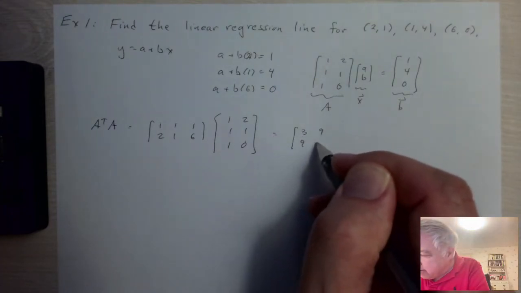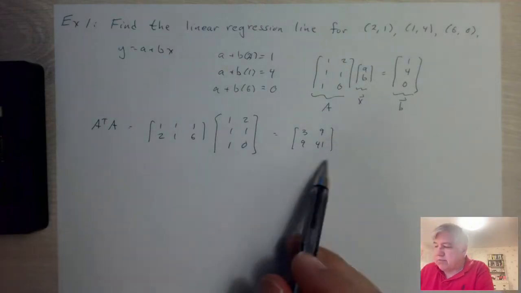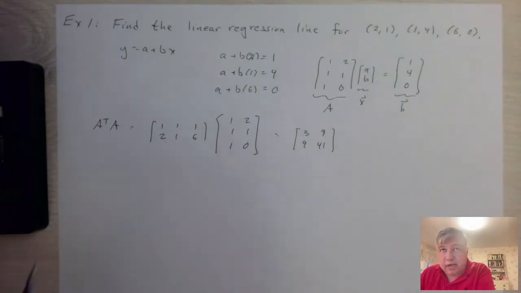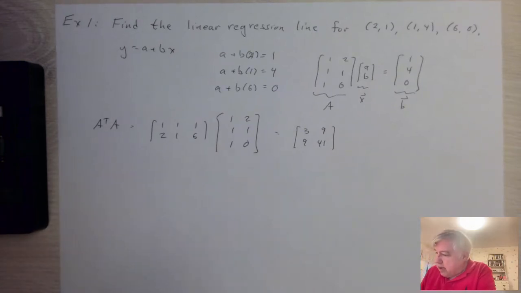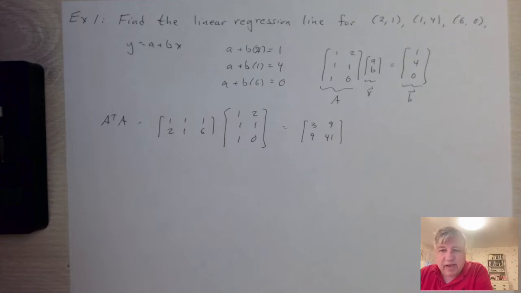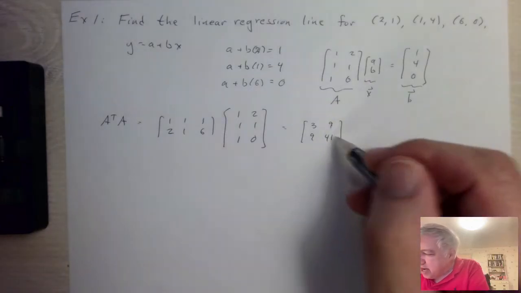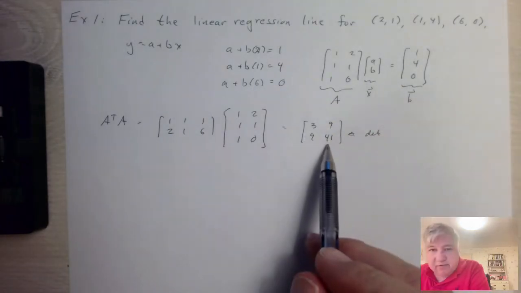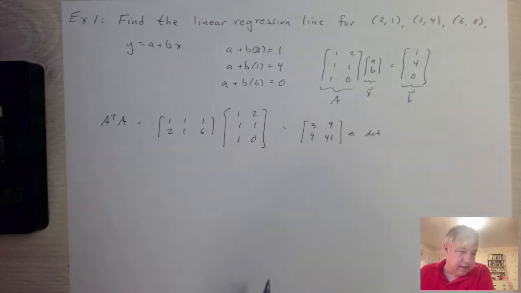9, 9, 41. Incidentally, this matrix is always going to be symmetric, because it's a matrix times its transpose. And now, because this is a 2 by 2 matrix, we have a nice formula to find the inverse of this. So we're just going to use that. You can check that the determinant will be 3 times 41 minus 9 times 9. That turns out to be 42.